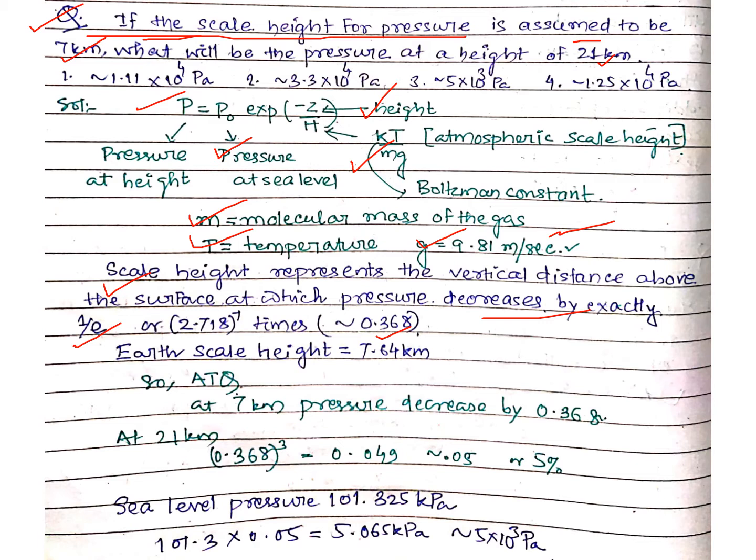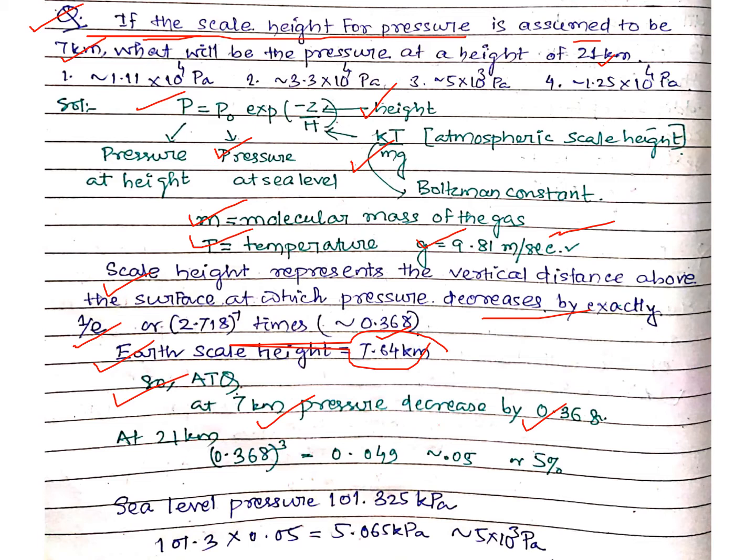As we know, the actual scale height of our Earth is 7.64 kilometer. But according to the question we have 7 kilometer as our scale height. So at 7 km the pressure decreases by a factor of 0.368.